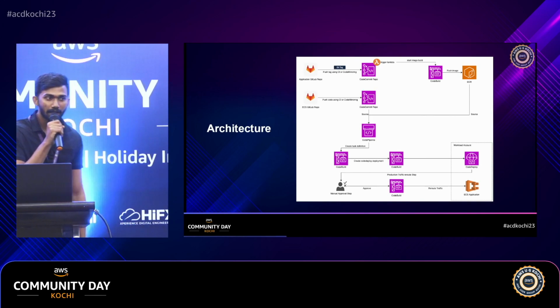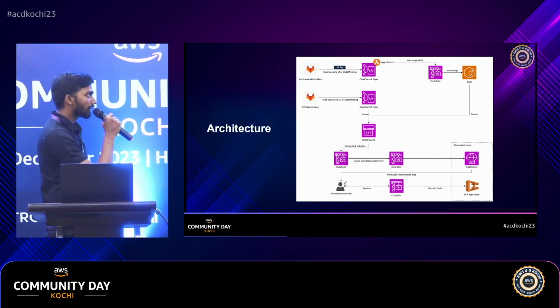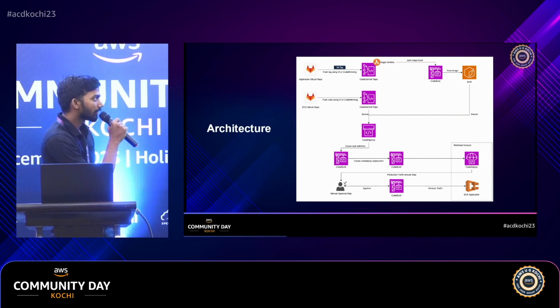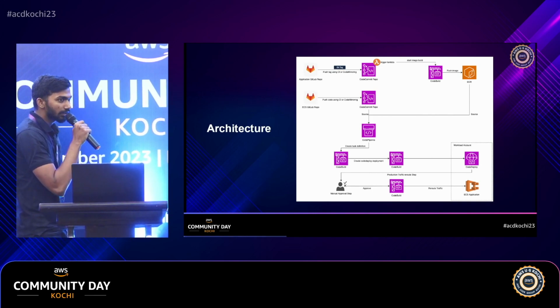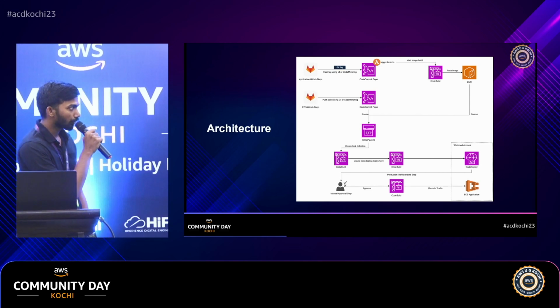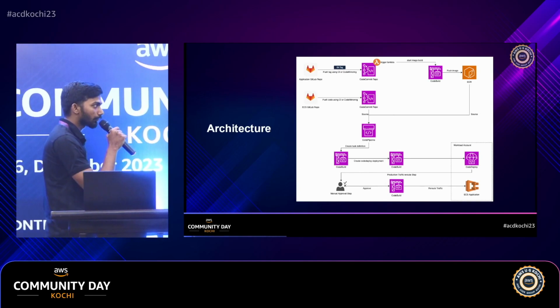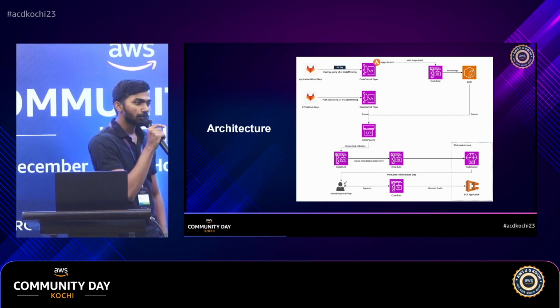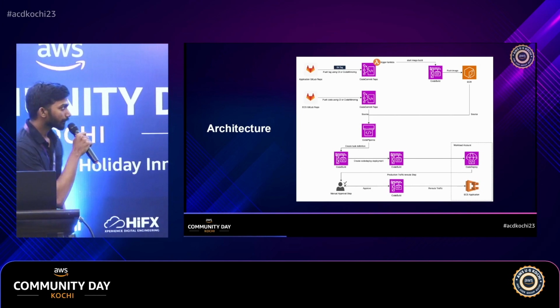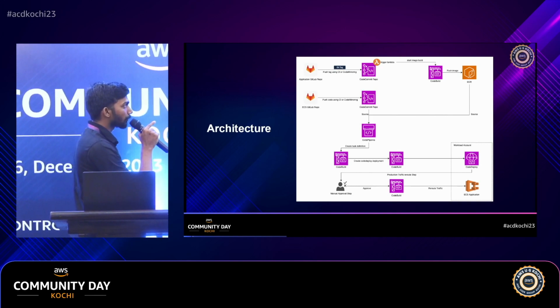If you have GitLab as your version control system, you might already know that there was no native integration to AWS until recently. Recently, AWS introduced support for GitLab as a source for CodePipeline. That's not a supported source for CodeBuild, but it's a supported source for CodePipeline now using CodeStar connection. But there's another drawback: it doesn't support Git tags.